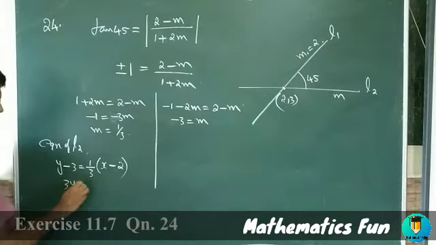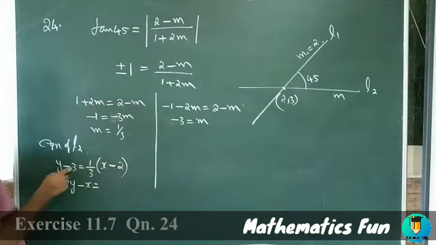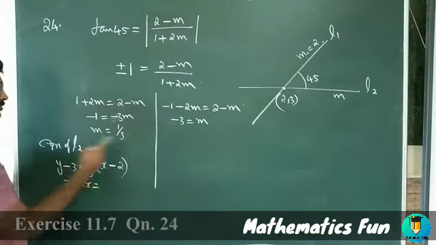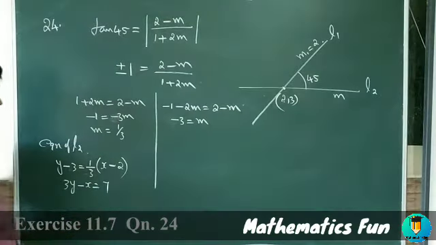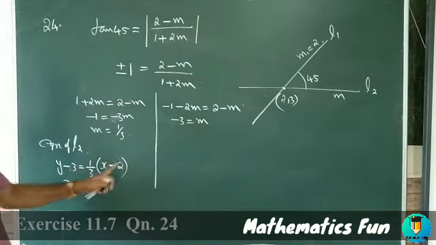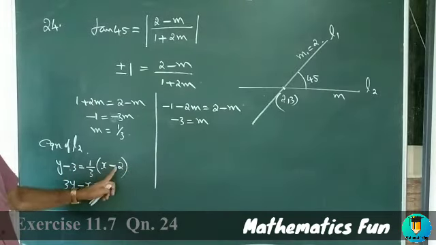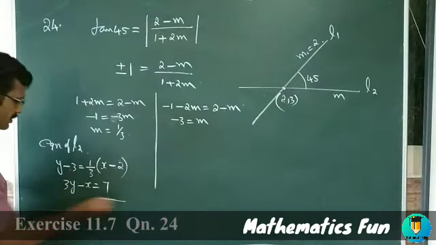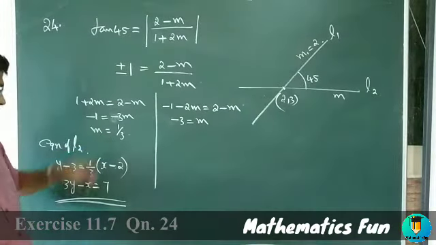So 3y - x = -2... here -9 goes to that side, plus 9, and -2 already there, so ultimately it will be 7. This is the equation of L2 when m is 1/3.